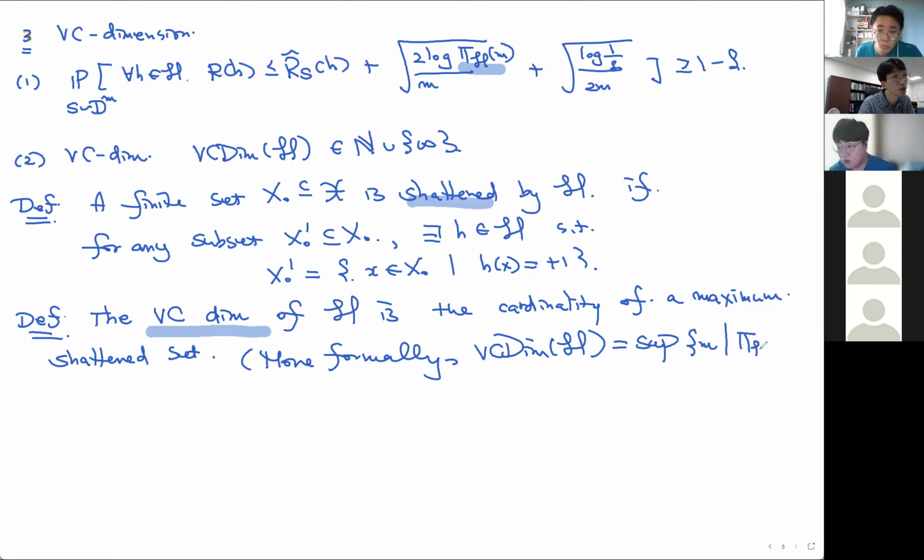It means you compute the growth function at M, and it equals 2 to the M. This equality means there exists some subset of inputs of size M that can be shattered completely by the hypothesis class. So that's what this means.